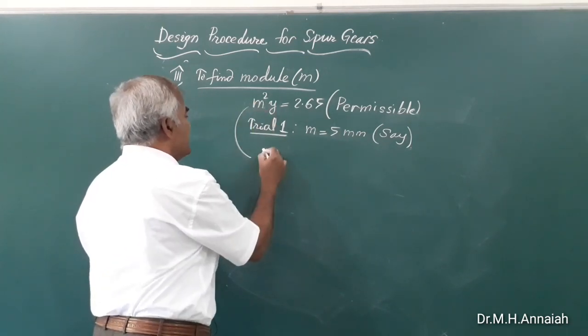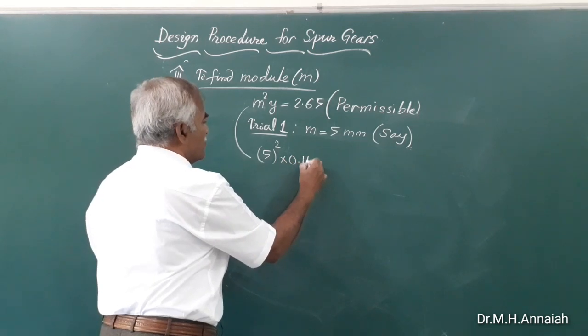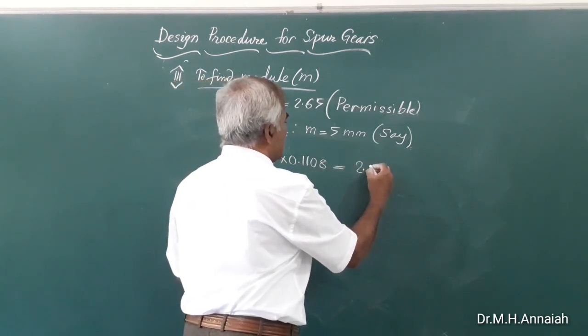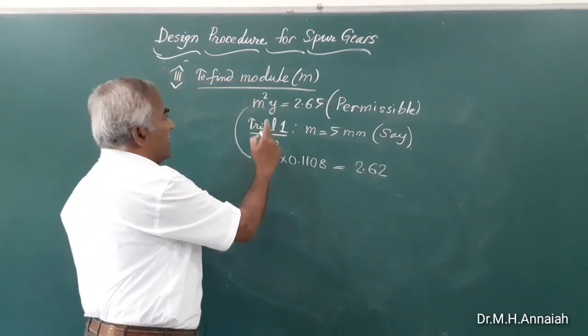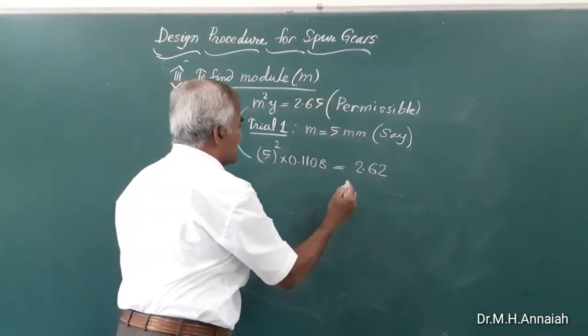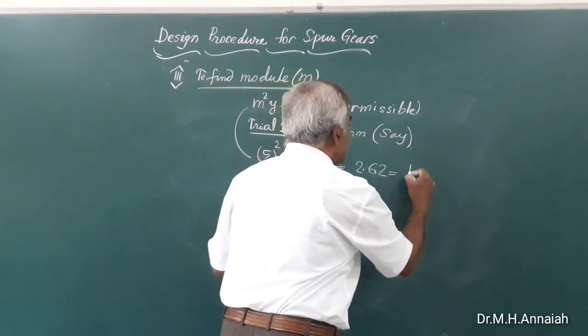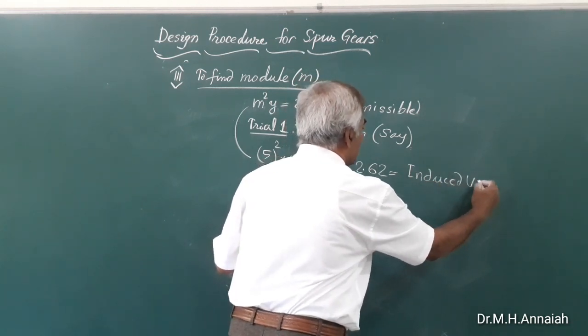So, this m I have taken as 5 square into 0.1108, say this works out to 2.62. So, the value permissible is 2.65 and this value is an induced value.